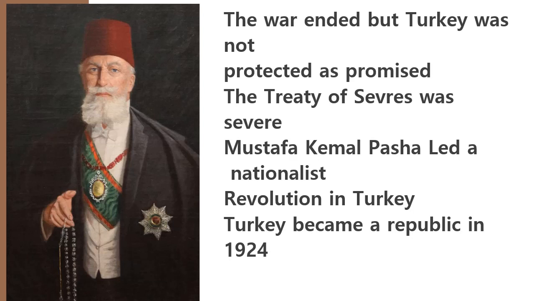Mustafa Kemal Pasha led a nationalist revolution in Turkey, whereby the institution of the Khilafat was finished, and you can say the Khilafat came to an end. Turkey became a republic in 1924. The Ottoman ruler and Khalifa Abdulmajid II was deposed and exiled with his family to France in March 1924.